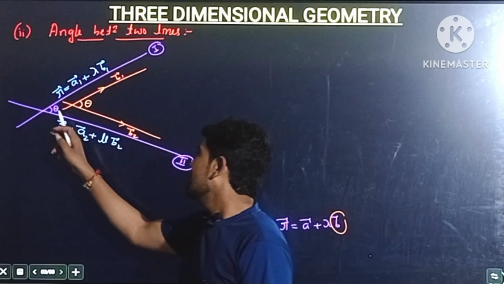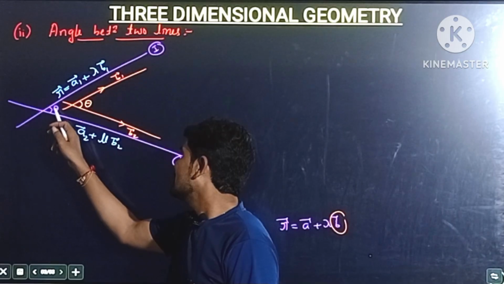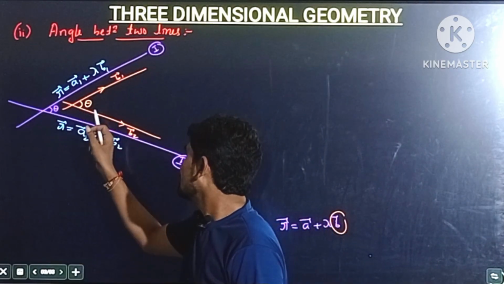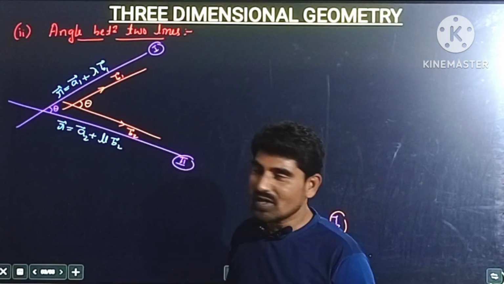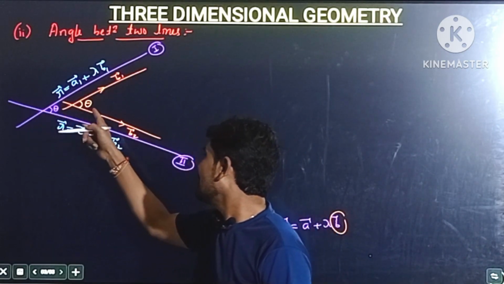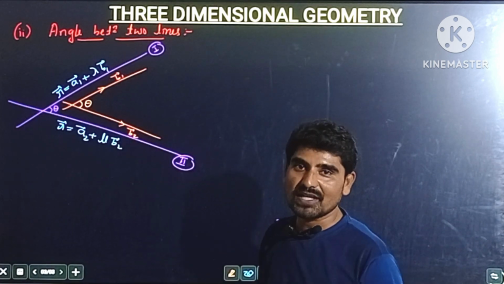So instead of finding the angle between these two lines, we need to find the angle between these two vectors, because the angle between these two vectors is equal to the angle between these two lines. Therefore, this theta should be equal to the angle between two vectors.